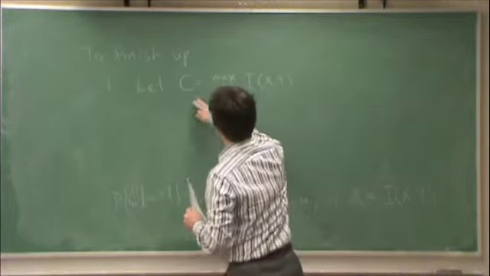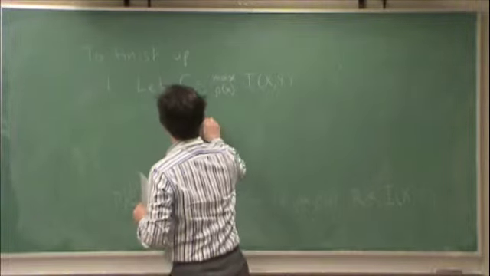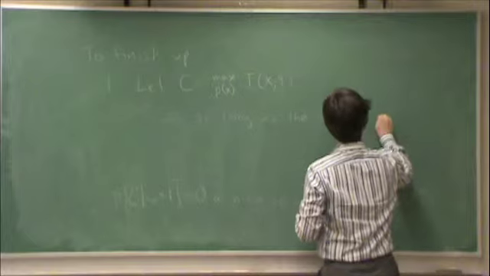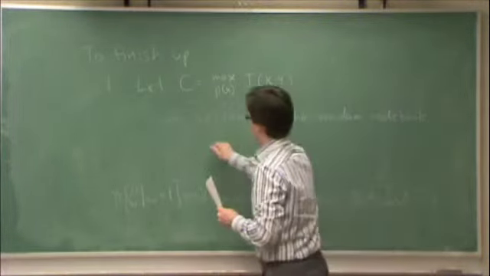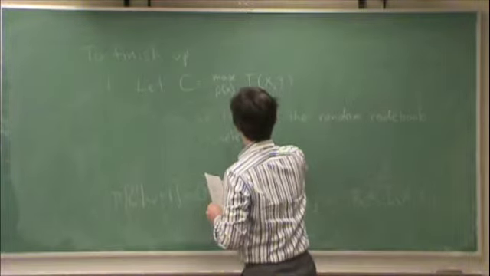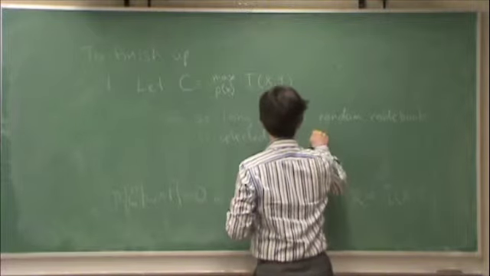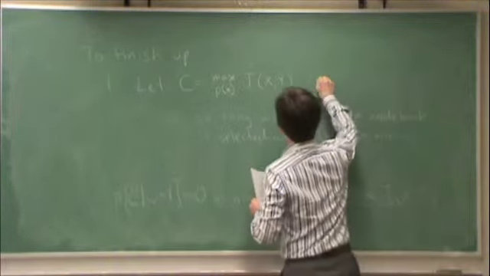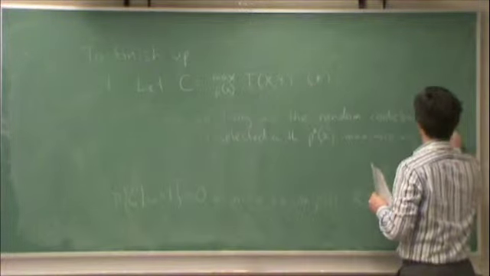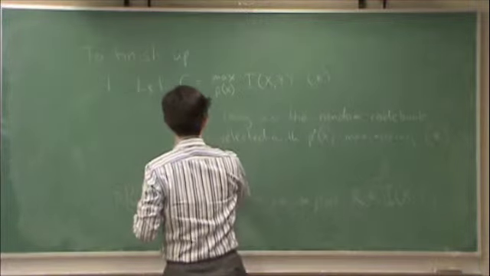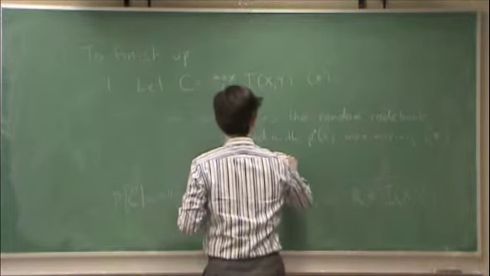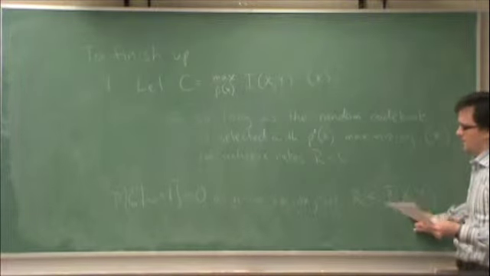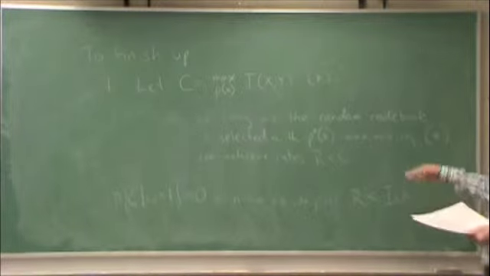So what we can do is maximize that over the input distribution, and then so long as the random code book is selected with P star of X, maximizing, let's call this equation star, maximizing star, then I can achieve rates less than C. So in other words, I can do anything up to mutual information, but then the trick is making mutual information as large as possible.